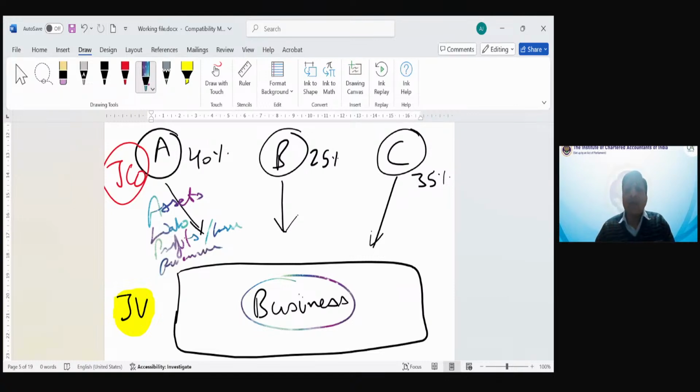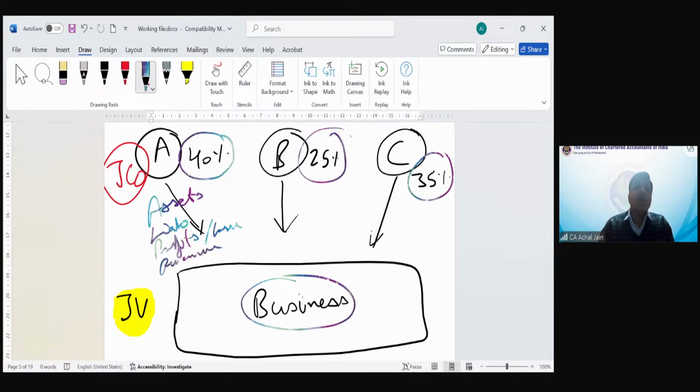So what will A do? A will say that I'm fine with my portion and I'll record this portion in my own books. So A is not maintaining any separate books. Whatever are the books of A, A will keep recording that in its books. Same thing B is doing, same thing C is doing. Same thing is done by all three of them.